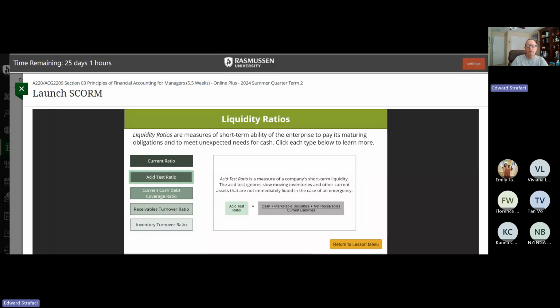We take out inventories because, as I said before, sometimes inventories can be valuable and sometimes they can be dead money. If I'm a jeweler, like Zales, holding gold, I would count the inventories because gold is fungible. It's like a currency.